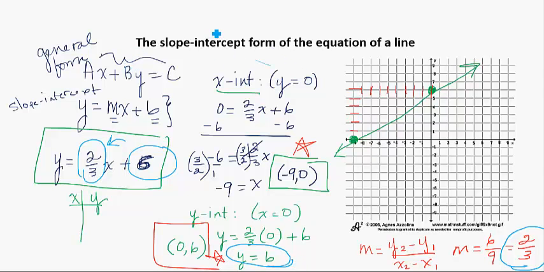So really what I was doing here was showing you that if it is in this form, which we call the slope-intercept form, we can find the slope and the y-intercept by simply looking at our equation. And I've just proven that to you here by finding the y-intercept and the slope of that line.